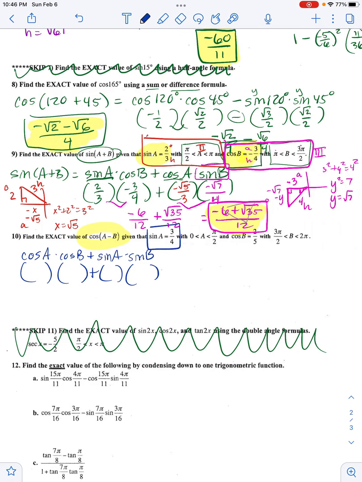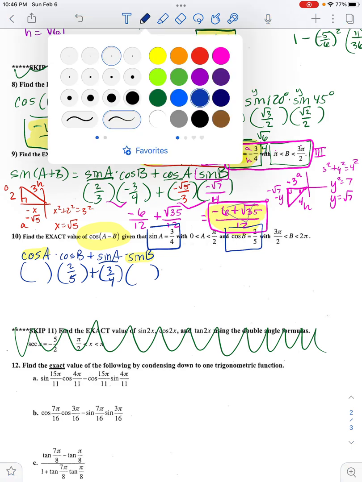Well, I know the sine of A is 3/4, so that goes here. And I know the cosine of B is 2/5, it looks like. I wrote all over it. So that goes there. Okay, so what I don't know is cosine A or sine B.